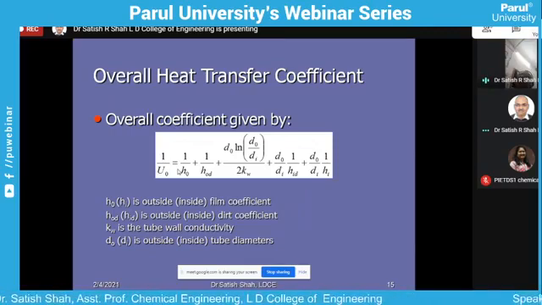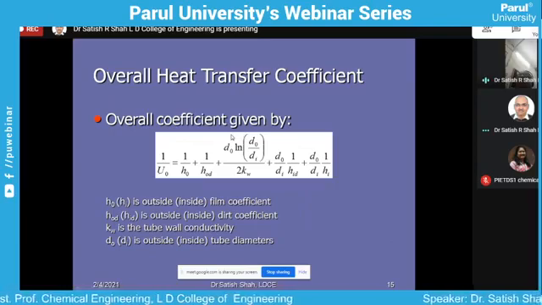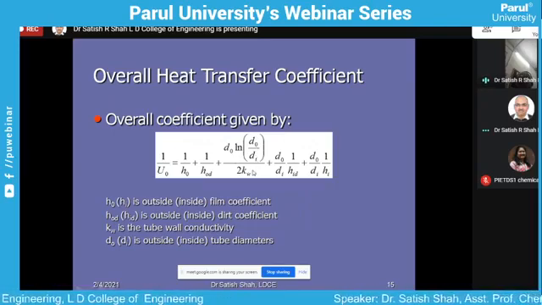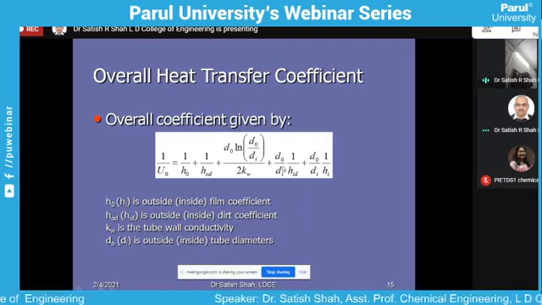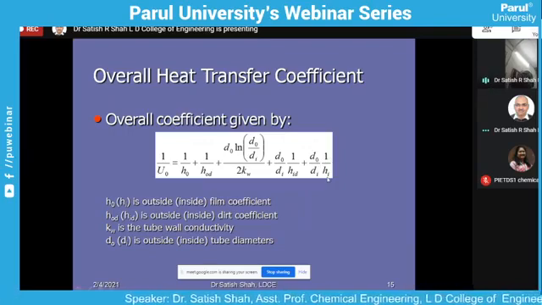Then do ln do by di upon 2 kw. This is the resistance provided by the tube metal, where kw is the thermal conductivity of the tube wall. Then do upon di into 1 upon hid, where hid is the dirt coefficient inside. And then do upon di into 1 upon hi, where hi is the inside heat transfer coefficient.